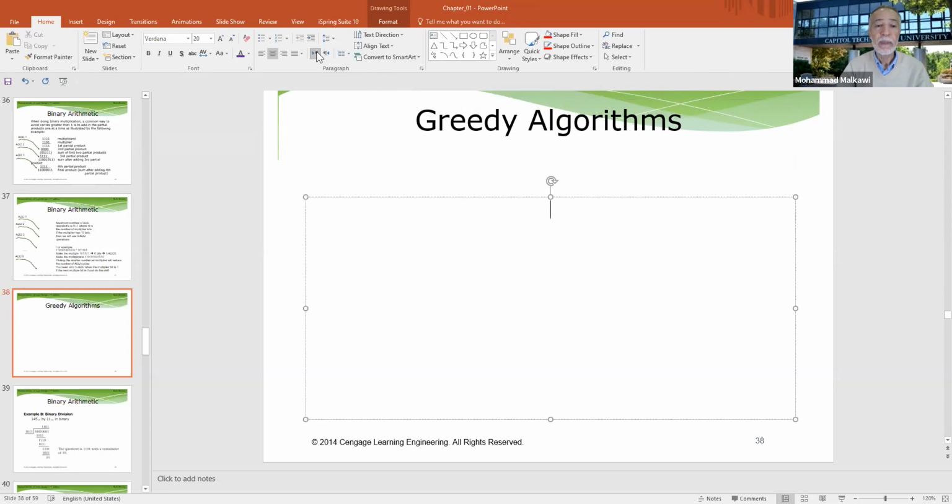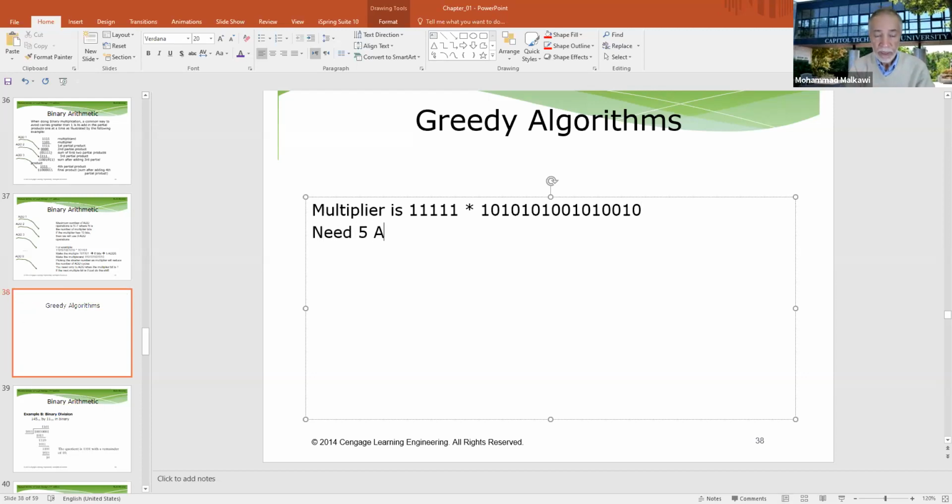Assuming that I am multiplying, let's say, a multiplier of 1, 1, 1, 1, 1, which is all ones, by a large multiplicand, 1, 0, 1, 0, something like this. So now here, I need 5, actually 4, I'm sorry, because it's n minus 1, 4 add operations.